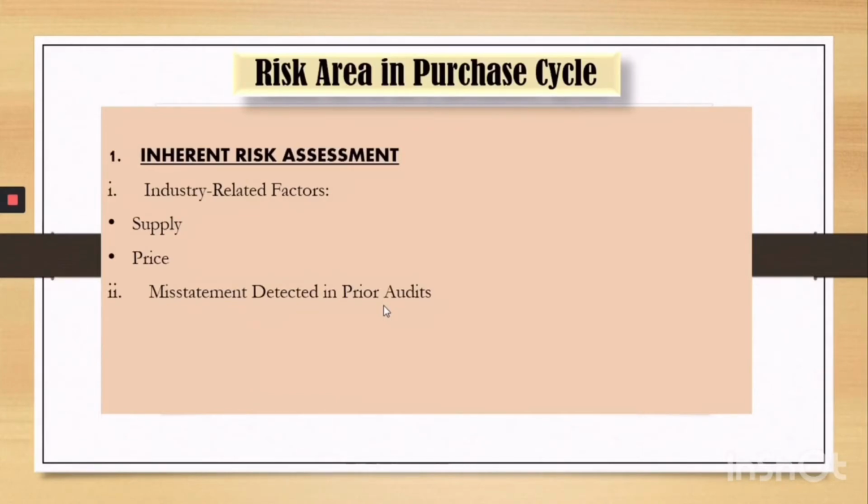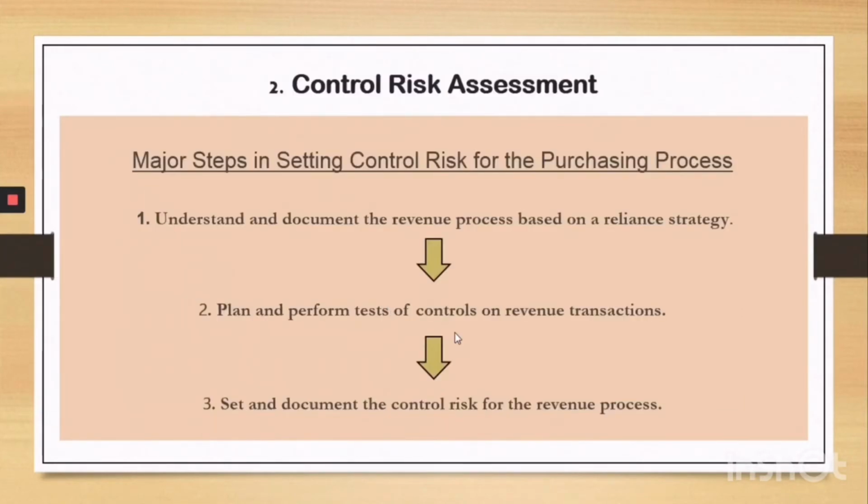Therefore, auditing research has shown that the purchasing process and its related accounts are likely to contain material misstatements. Thus, the auditor's previous experience with the entity's purchasing process should be reviewed as a starting point for determining the inherent risk. Next, we move to the last point, the other component of the risk model, which is control risk.